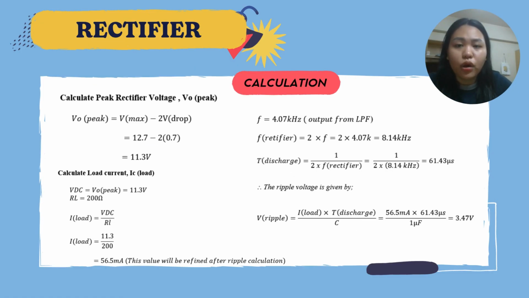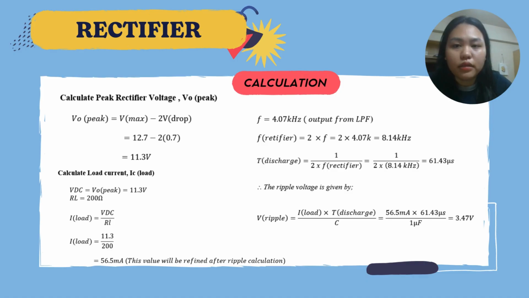This slide shows how we calculate the important values for a rectifier circuit, including the peak output voltage, load current, and ripple voltage. First, we calculate the peak output voltage from the rectifier. We take the maximum input voltage and subtract the voltage drop across two diodes.